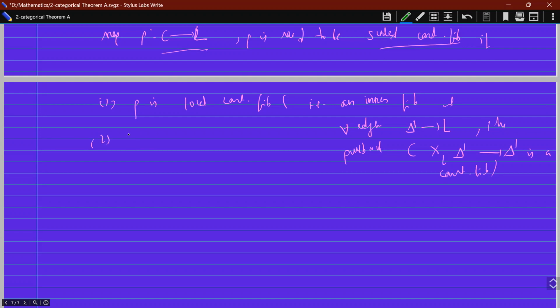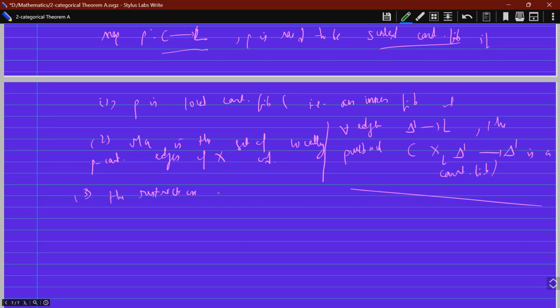And the second one is that there is this set of locally P Cartesian edges of X, and the last condition is that the restriction of P to a thin two simplex is a Cartesian fibration.